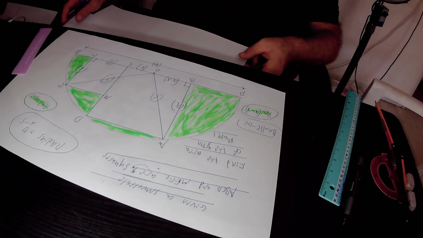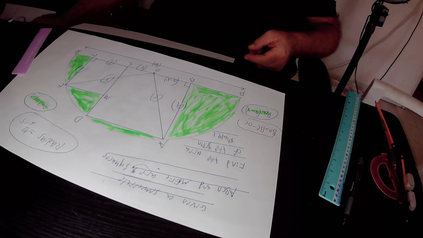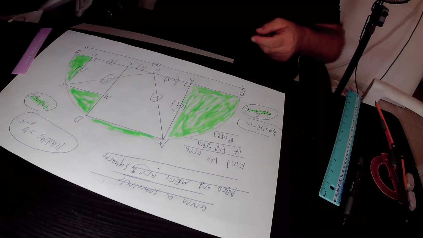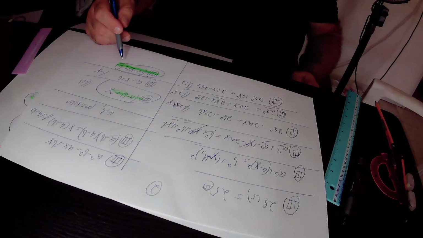So we have already found out that a minus x equals b.